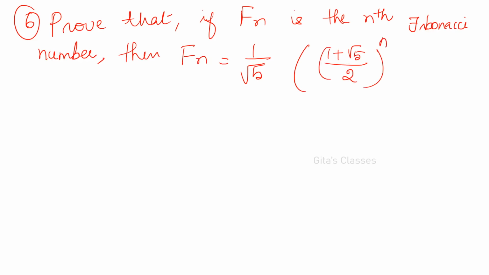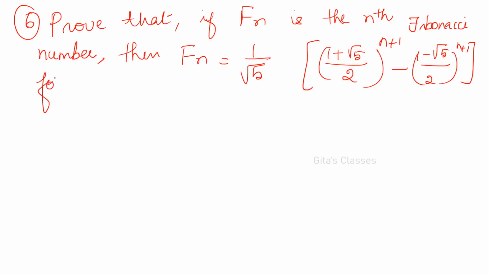Actually they have given n plus 1; I will get n only in this. So minus 1 minus root 5 divided by 2, the whole power n. I think you can write n plus 1 also. This is the question, for all integers n greater than or equal to 0.